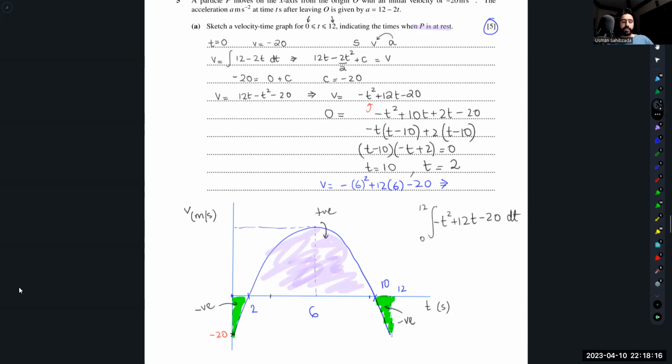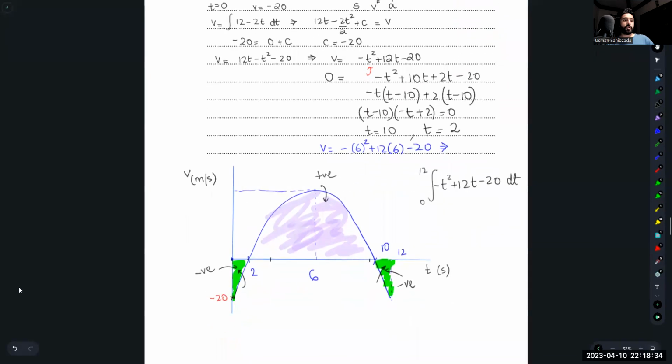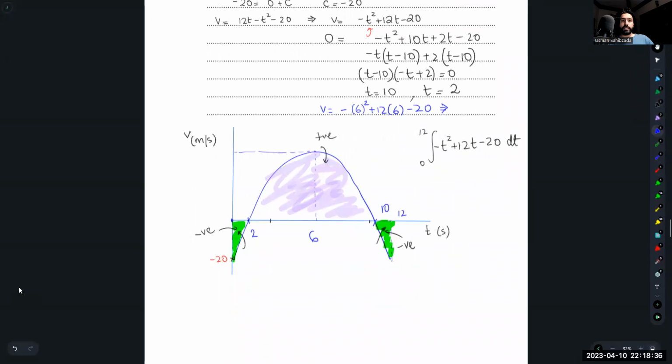But instead of doing this, we should be integrating separately, from 2 to the origin. And this is a symmetric graph. Whatever area you get here is going to be the same area that you get from 12 to 10. However, you can still do it separately. So, from 2 to 0.